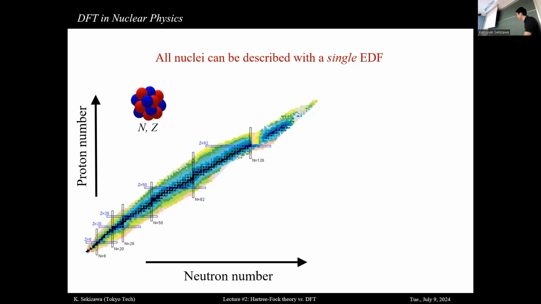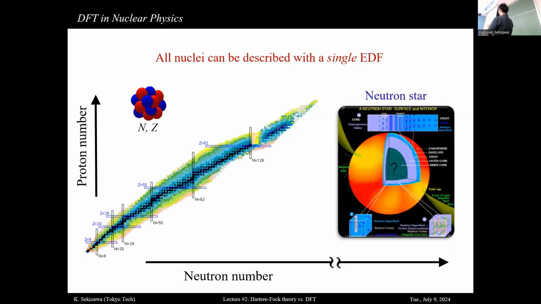Also, as I introduced in the previous lecture, you can imagine that we can gather a tremendous number of neutrons, then gravity makes a bound stellar object called a neutron star, and we can use the same EDF without any tuning. We can work with the same Kohn-Sham equation, and we can get collectively the nuclear matter properties.